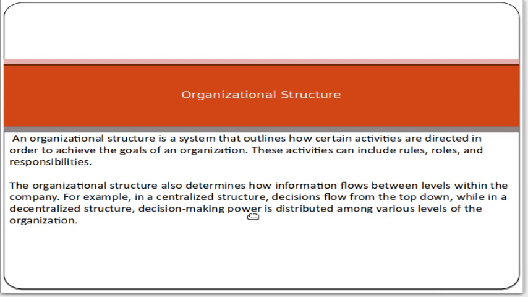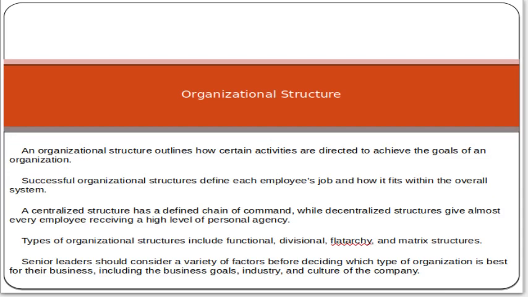Basically, every organization has its own structure. Some organizations are centralized, in which decision making or information flows from top to bottom, and some are decentralized, which means the information is distributed among different divisions. Every organization has its own culture, and based on that it stands. A successful organizational structure defines each employee's job and how it fits within the overall system.